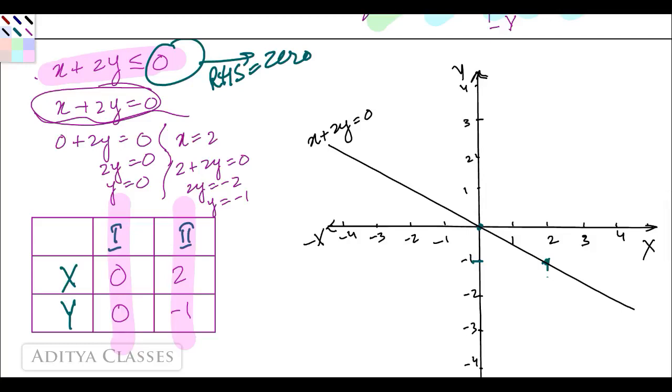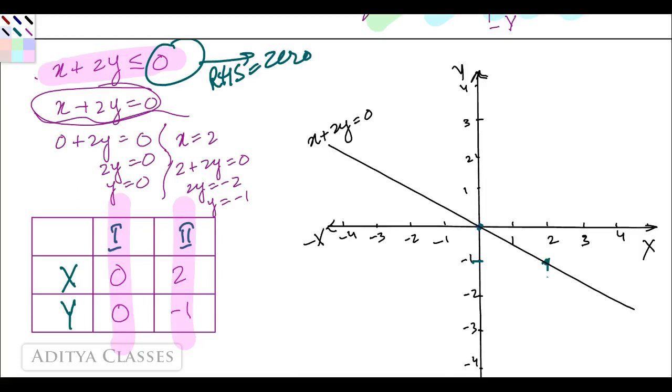Now, my rule was that less than area is towards the origin. So, this is towards origin or this is towards origin. Now, the catch is, the thing that has gone wrong over here is that my line itself is passing through the origin. So, what is towards the origin? The line itself is on the origin. So when the line itself is on the origin, how do I find out towards the origin area?